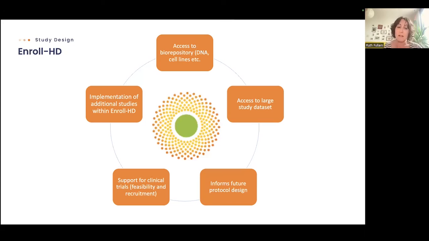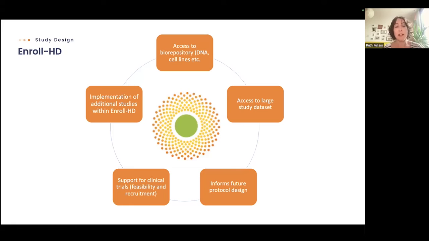With HD Clarity, which is a study that the Enroll platform is supporting at the moment, that started off as a single site study in UCL, looking at biomarkers in cerebrospinal fluid. And through the support of Enroll, we've provided an electronic data capture system.